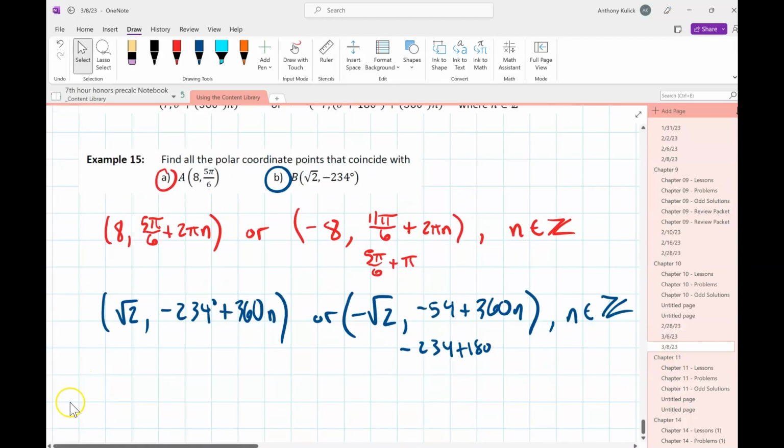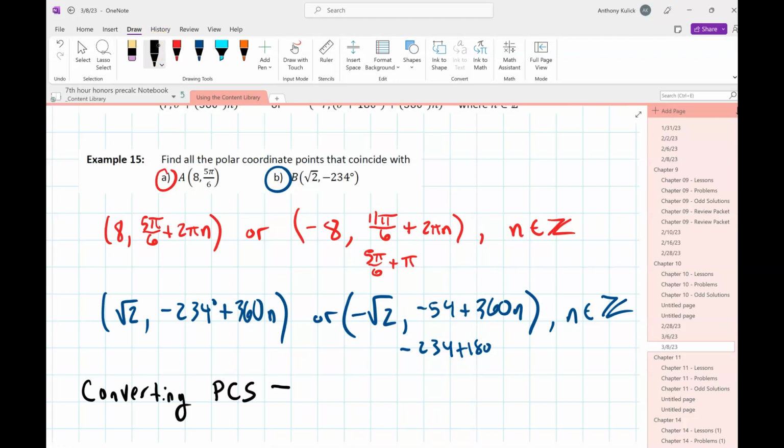Okay. So we have these two coordinate systems now. We have rectangular and polar. The next thing you want to do is convert between the polar coordinate system and the rectangular coordinate system.